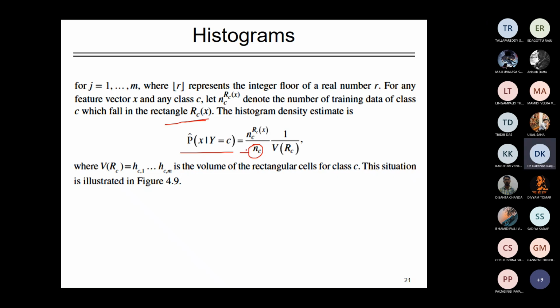So N_C represents the total number of training data for a particular class, and N_C^{R_C(x)} represents a particular instance, which is multiplied by 1 over V(R_C). This V(R_C) is the product of the bandwidth parameters, so the capital V(R_C) is given by this vector of bandwidth parameters.